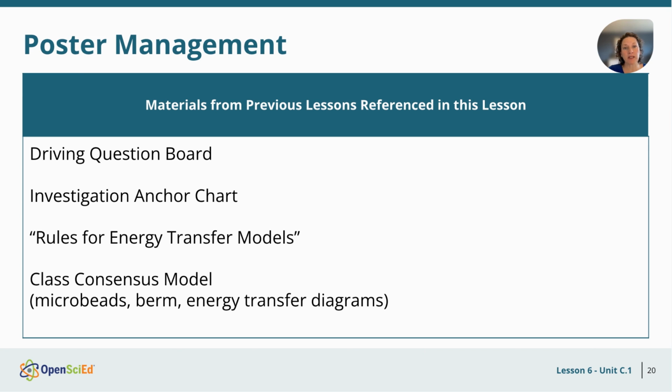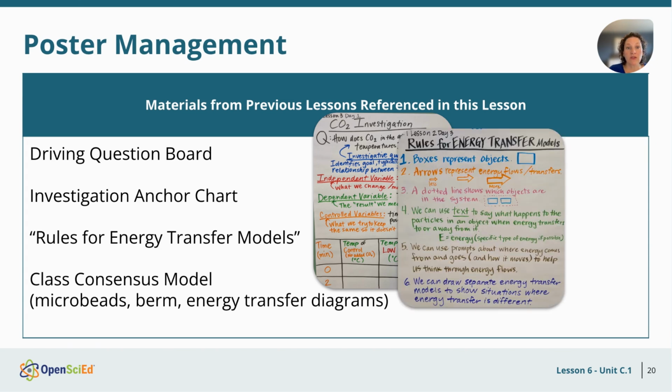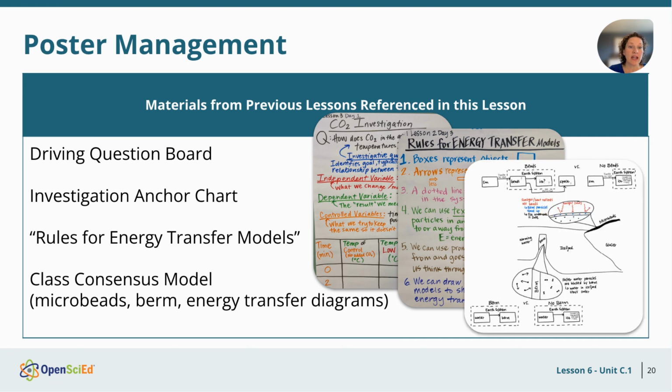For poster management, you'll want to have several anchor charts available from the previous units: the driving question board, the investigation anchor chart from lesson 3, the rules for energy transfer models from lesson 2, and the class consensus model from lesson 5. There are no new posters created during this lesson.